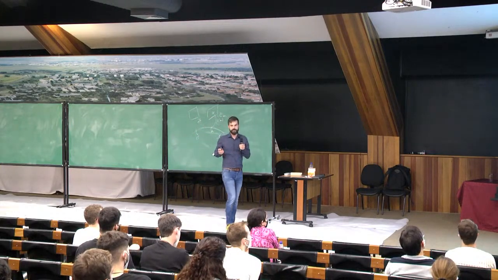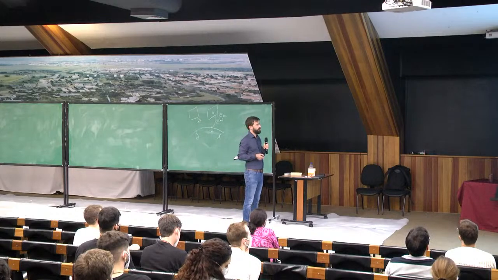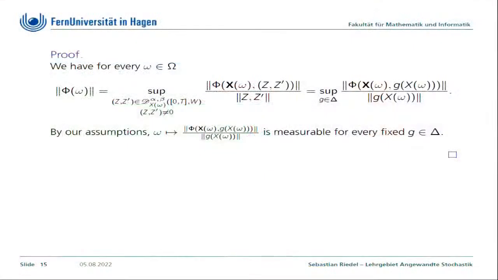And this is the crucial point, because now by our assumption, by the continuity assumption of the continuous field, I know that this term here under the fraction, as a map from rough path, would be even continuous, but since I assumed a measurability here, this term would be a measurable random variable.